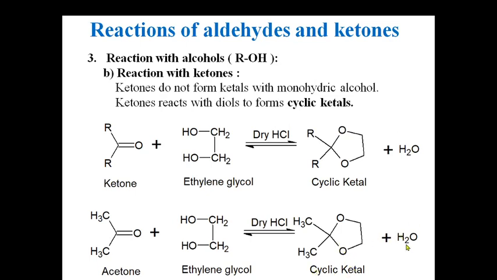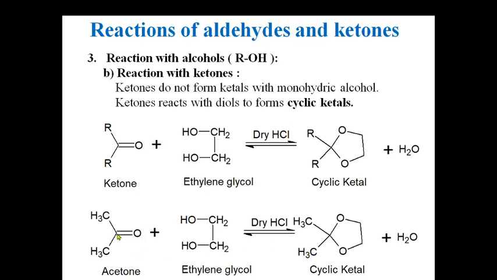As the side product is water, obviously dry HCl is very important. If we are not using dry HCl, the reaction will go backward to the acetone, and therefore this particular reaction can be used in protection-deprotection strategies to protect the carbonyl group to avoid side reactions.